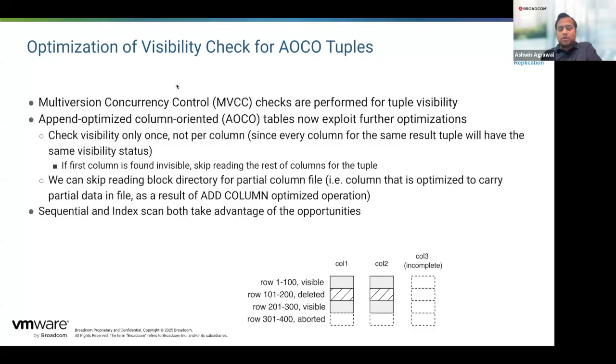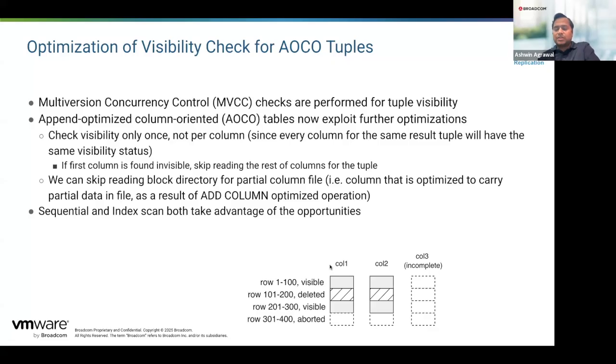For every tuple in the AOCO table, we have to check whether the tuple is visible or not, for maintaining the MVCC characteristics of the queries. Now, the optimization effectively is, again in a similar way, to exploit columnar conditions and perform the visibility check for the first column, whichever is being read.